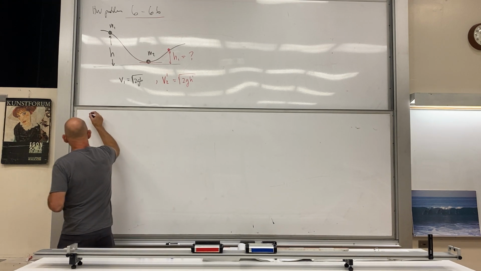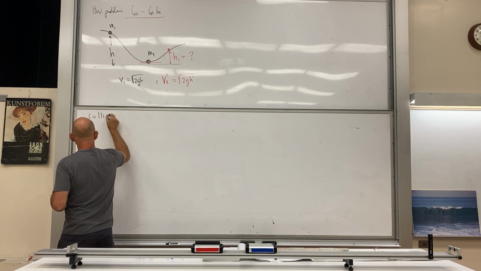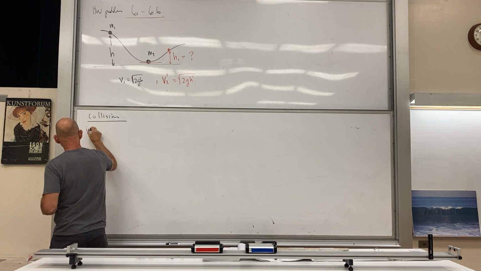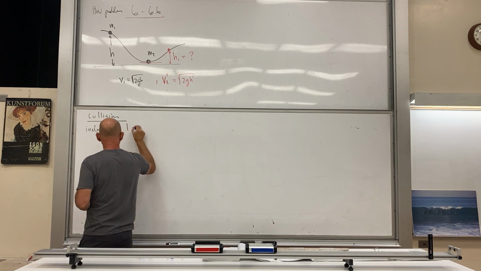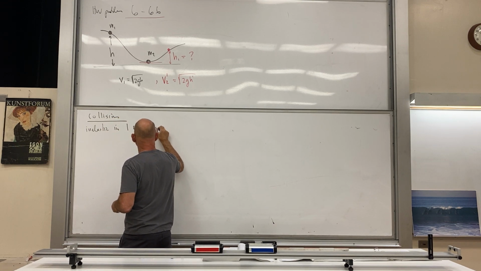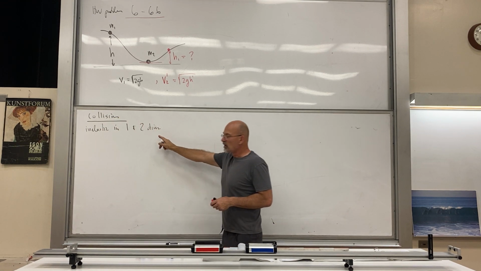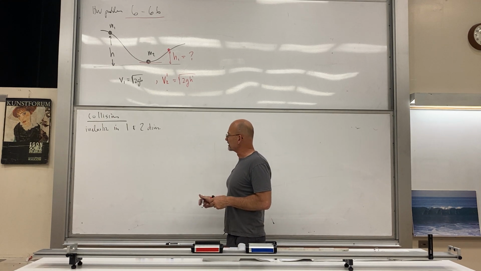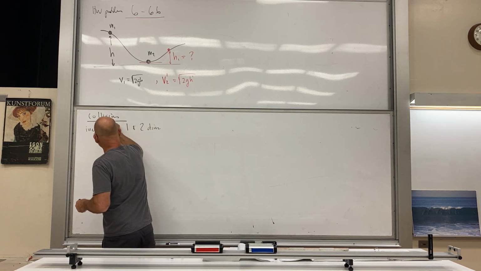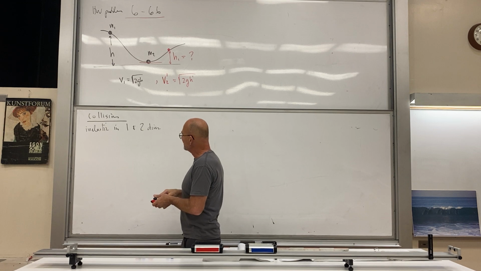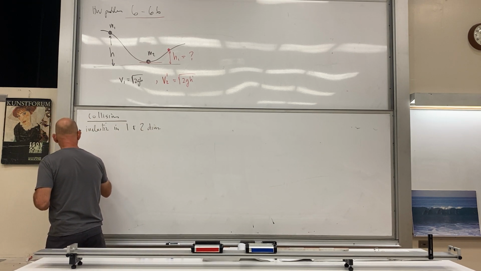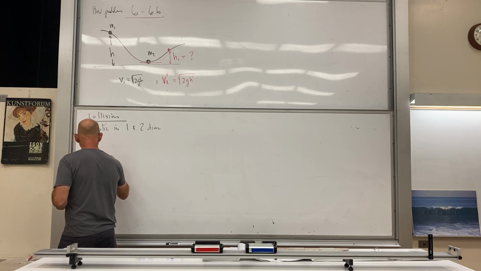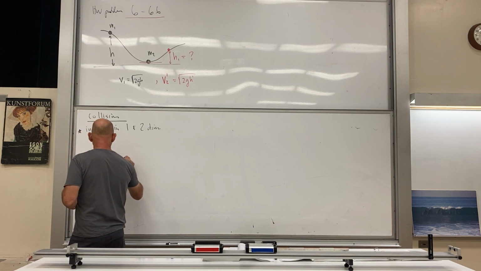So just to remind us, we're doing all these collisions. We have inelastic in 1 and 2 dimensions. I'm going to give you another homework problem for two-dimensional inelastic collisions to wrap things up. Then we have these elastic collisions. Elastic collisions, okay.